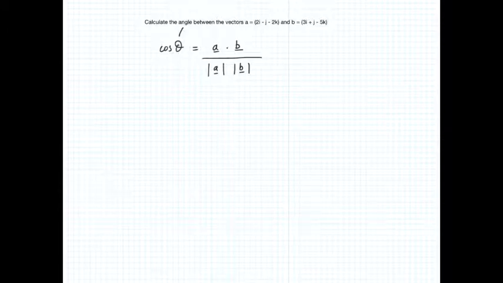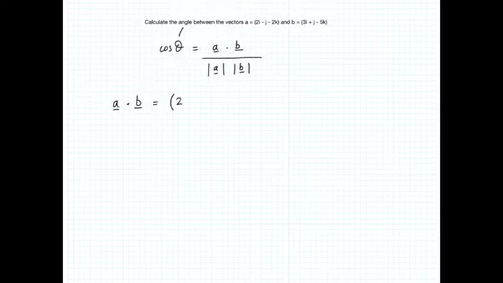So there's essentially 3 steps that we need to do here. We need to work out what the dot product is between the two vectors, and we need to work out the magnitude of the two as well. So for the vector dot product, the method that we use, we take the i components and multiply them together.